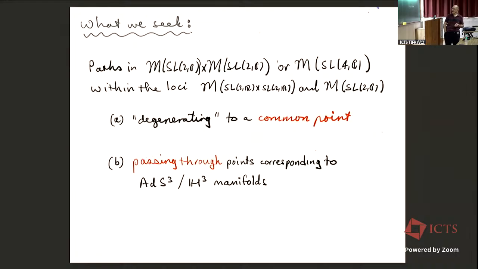Somehow, paths where these are degenerating to a common point where a transition is taking place. But we want these paths to be within each of the moduli spaces. The big moduli space is a connected space, so you can construct a path from any point to any other point. That's not so interesting. They've got to be somehow constrained.